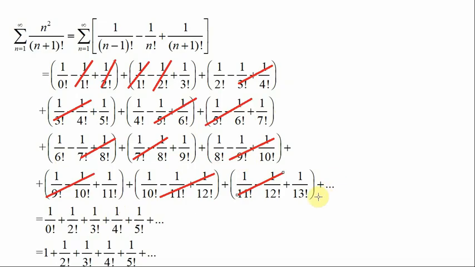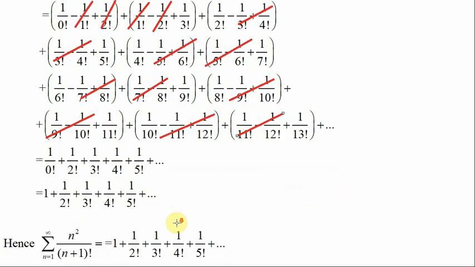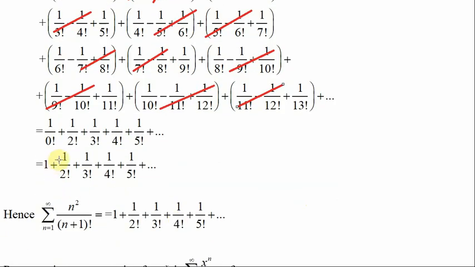And then the next part over here will give us 1 over 12 factorial, 1 over 13 factorial. And so what we get is 1 plus 1 over 2 factorial, plus 1 over 3 factorial, plus 1 over 4 factorial, and so on.